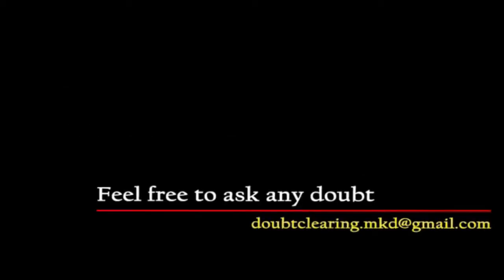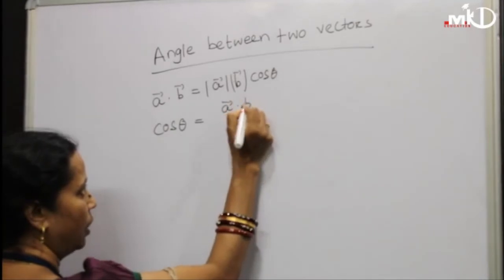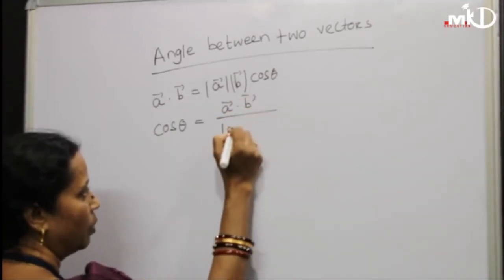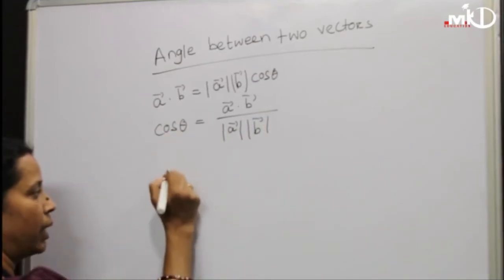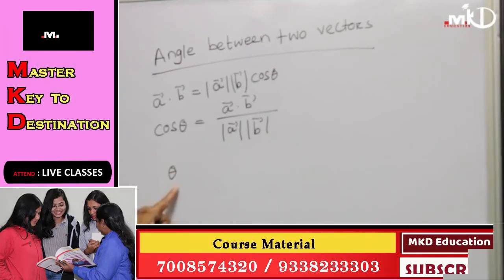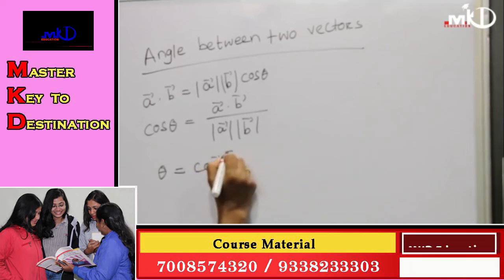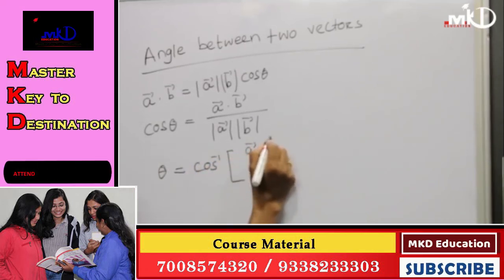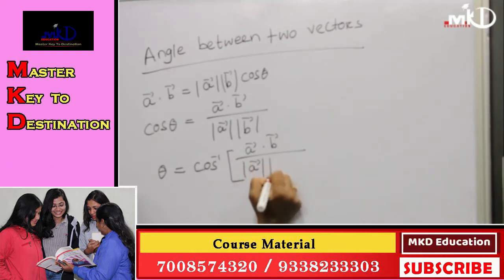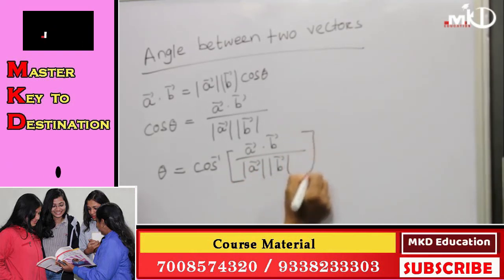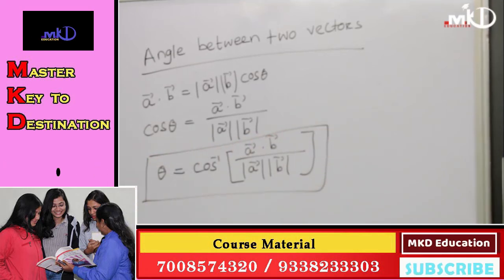So what is cos theta? Cos theta is equal to A bar dot B bar by modulus of A bar into modulus of B bar. So theta is equal to cos inverse of A bar dot B bar by modulus of A bar into modulus of B bar. So this is the angle between two vectors A bar and B bar.